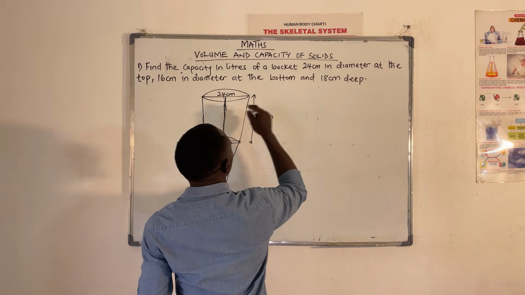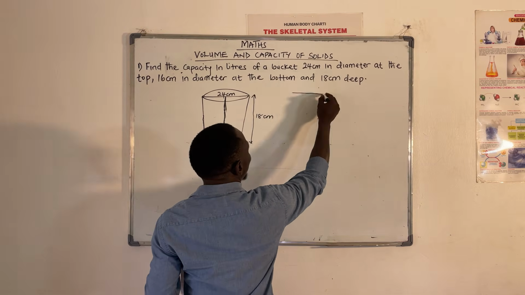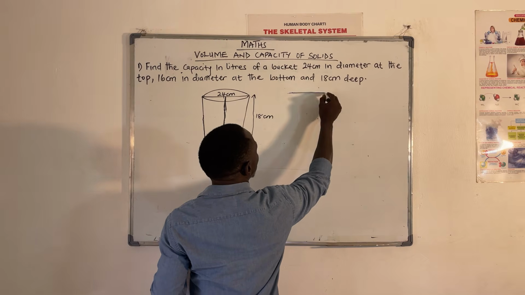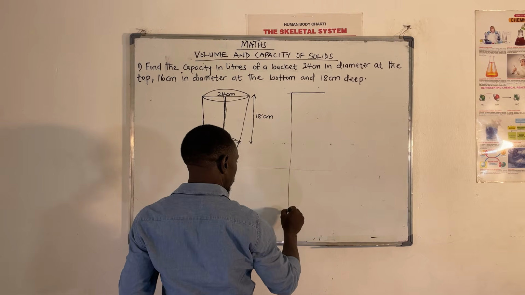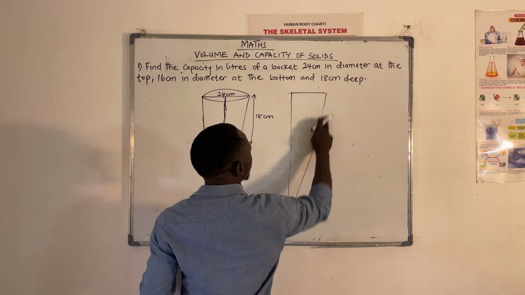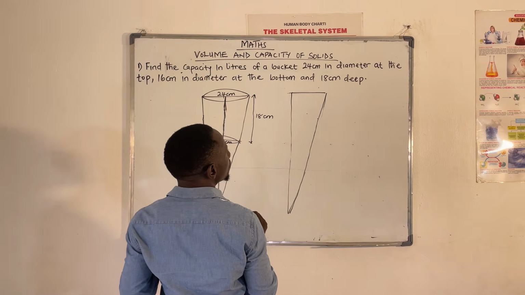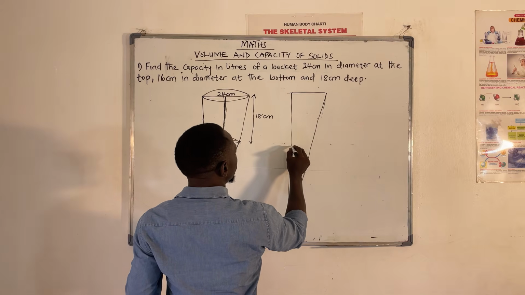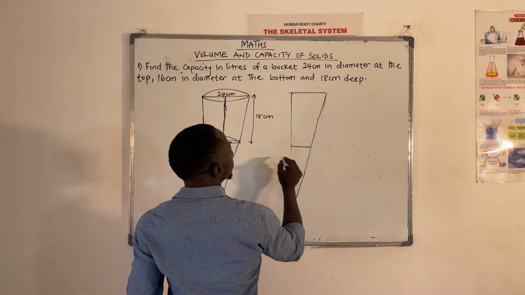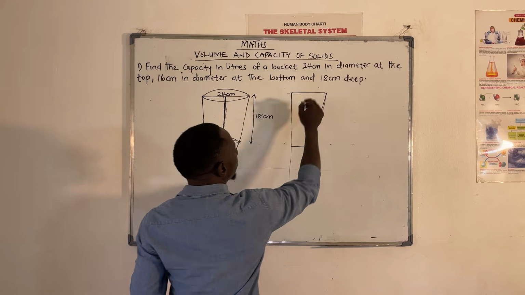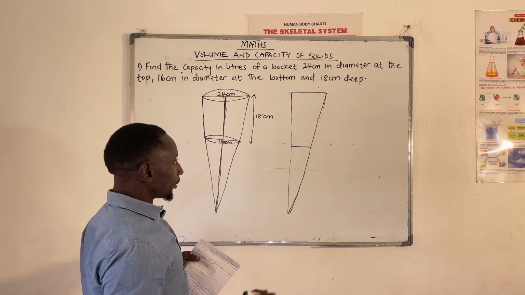If you look at this, let me just bring out one side of it. You have something like this. Can you see? So we have now two triangles in one.